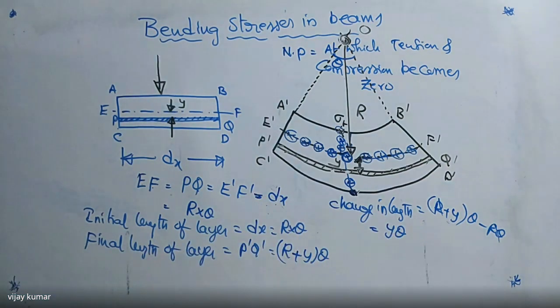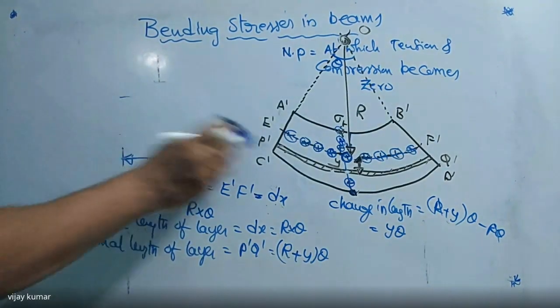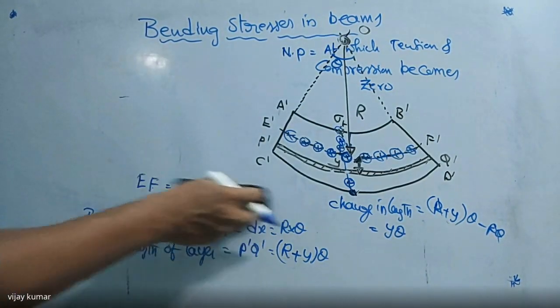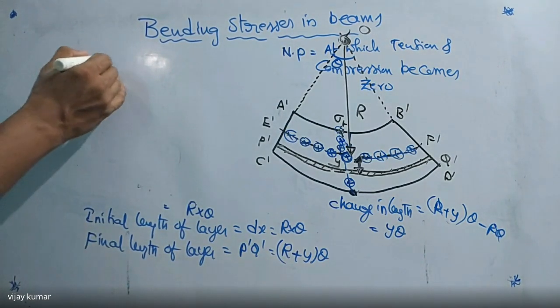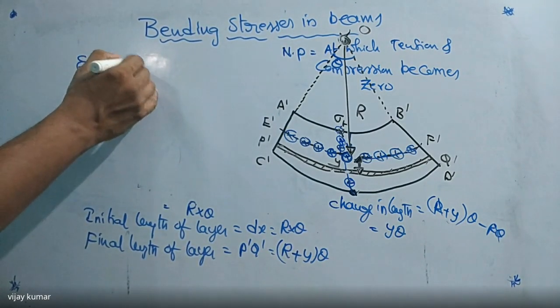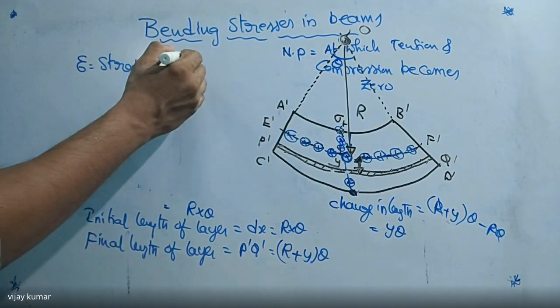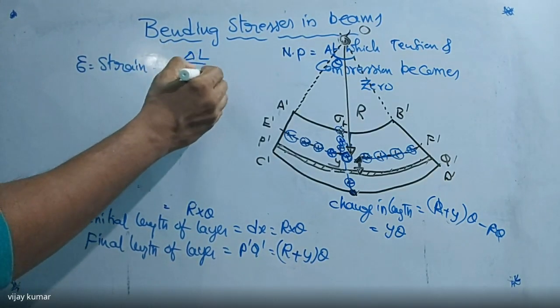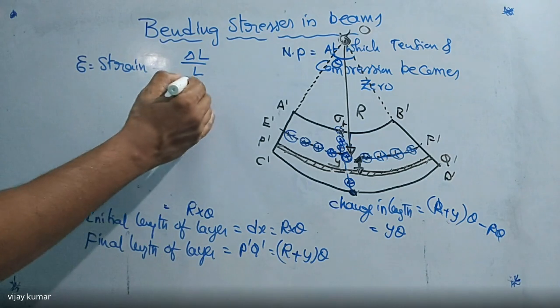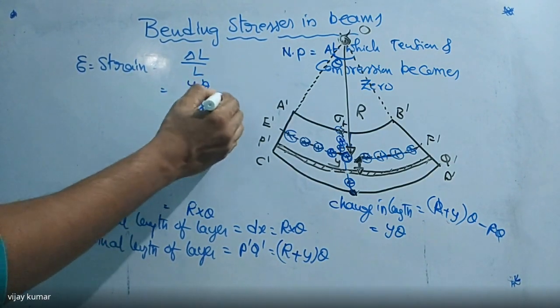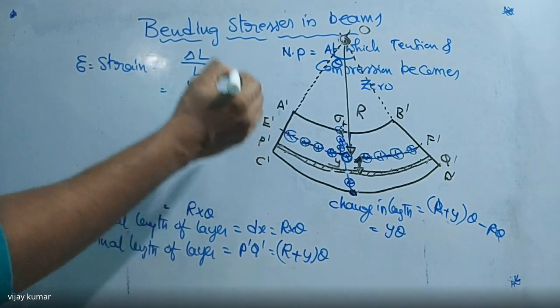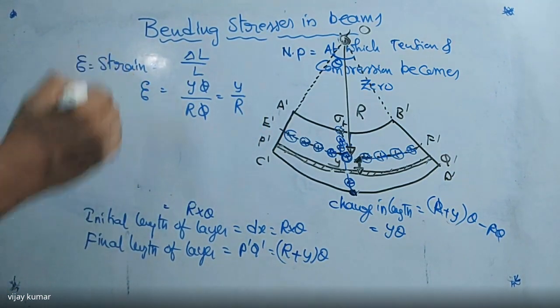But I want to find the strain value here. Strain is equal to change in length, delta L, by original length. Delta L is Y theta and the original length is R theta. Theta cancels, and we get Y by R equal to strain.